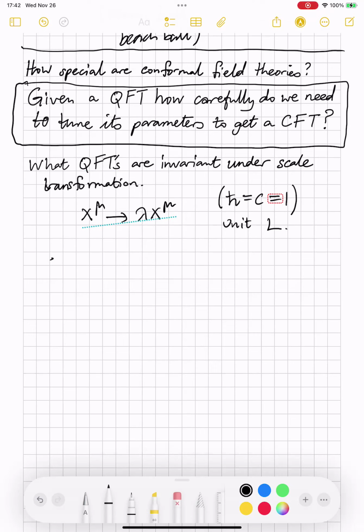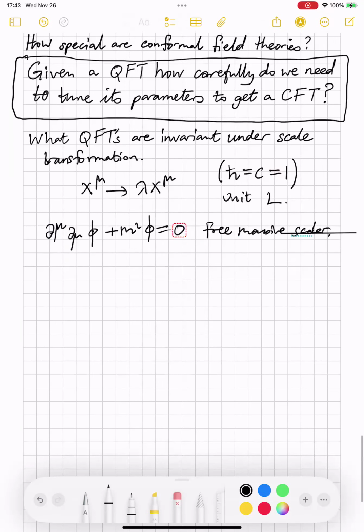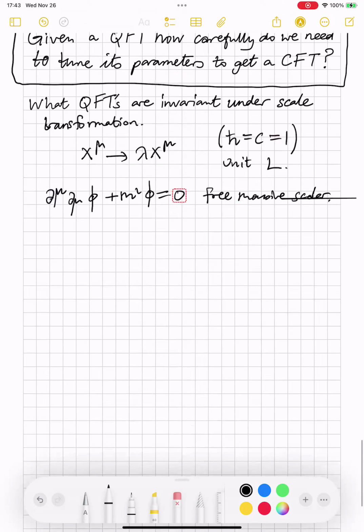Let's imagine I had this equation, ∂^μ∂_μ φ plus m² φ is equal to 0. So this is a free massive scalar. Let's see if this has got a hope of being conformally invariant.